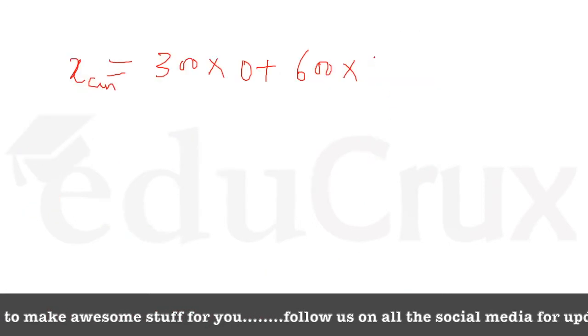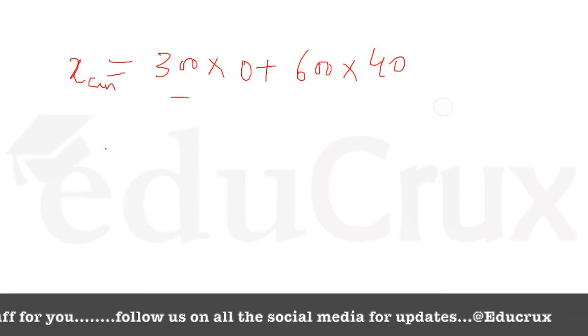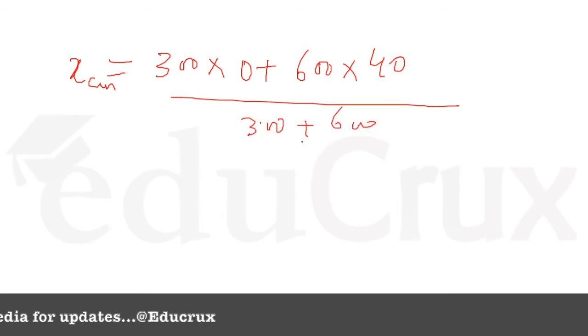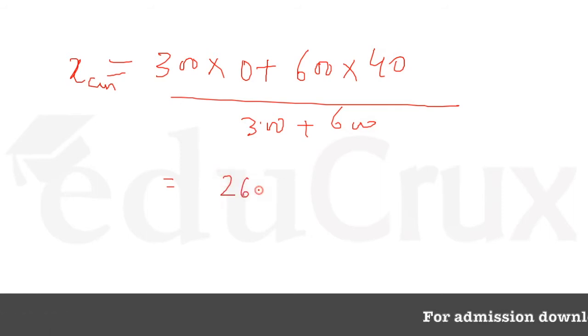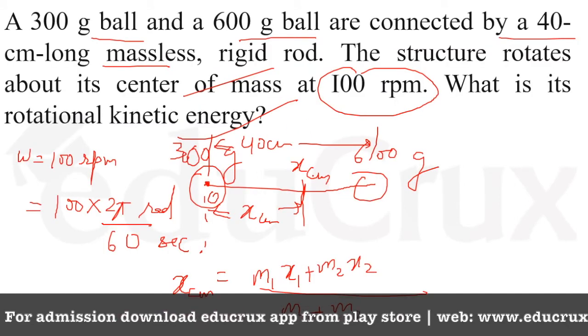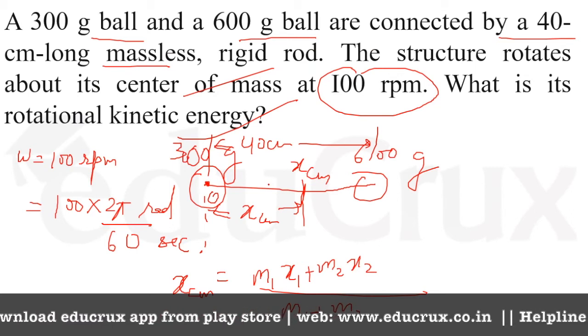So we'll put 40 centimeters divided by 300 plus 600. When you solve this, you get 26.67 centimeters. So from the first ball of 300 grams, the distance of our center of mass is 26.67 centimeters.